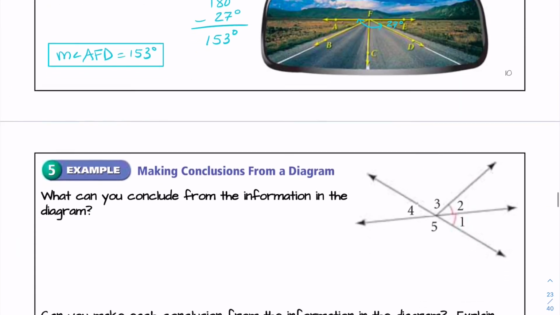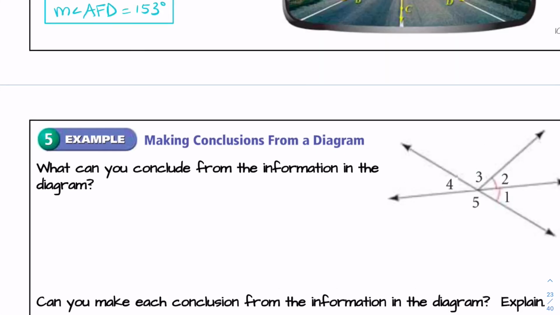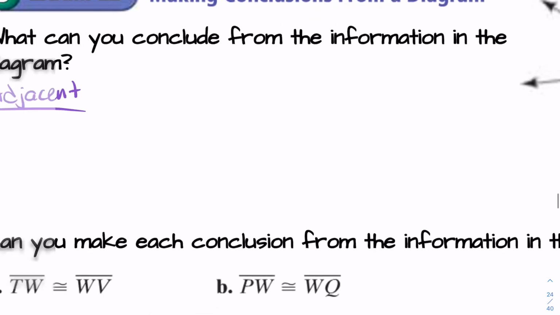All right, next one. What can you conclude from the information in the diagram? There is so much to conclude. You can conclude all of your adjacent angles, right? So adjacent ones, I'm going to say 1, 2, 3, 4, 5.